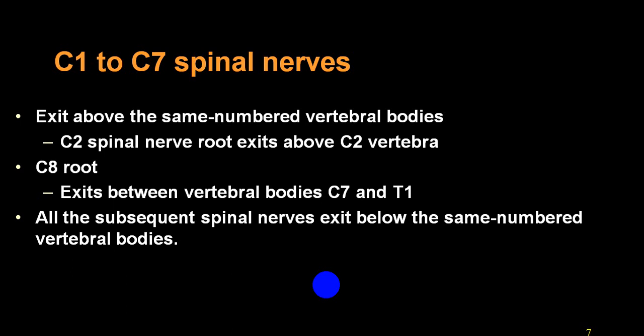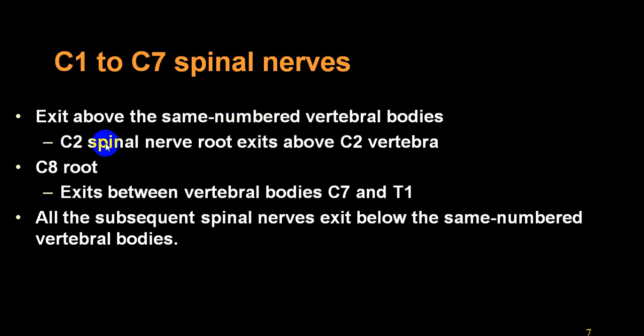Now as far as the spinal root is concerned, we have got an anterior spinal nerve root and a posterior spinal nerve root. Those two combine to become the spinal nerves. In the cervical segment, the same number of spinal root or spinal nerve will come out between.